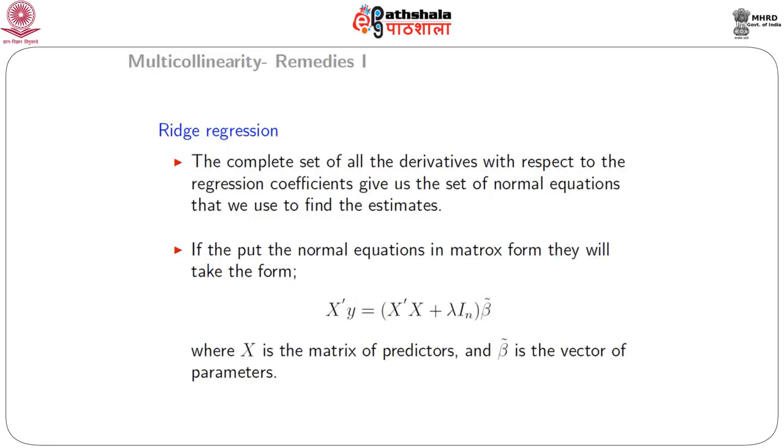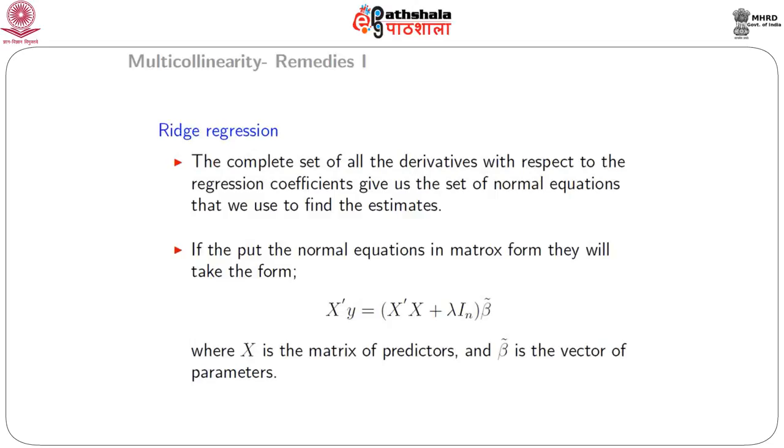If we put the normal equations in matrix form, they will take the form x prime y equals x prime x plus lambda times I n, whole times beta tilde, where x is the matrix of predictors, beta tilde is the vector of parameters, I n is the identity matrix, and lambda is called the Lagrangian multiplier.